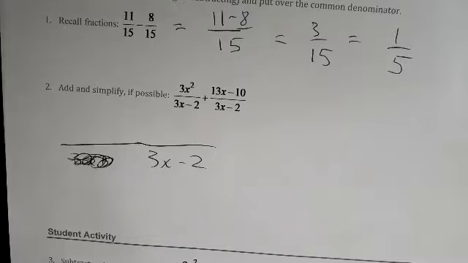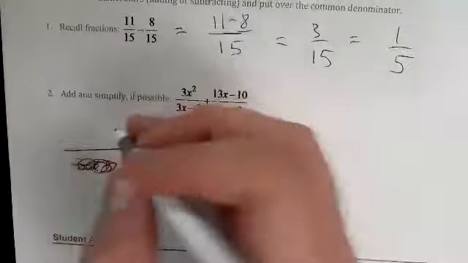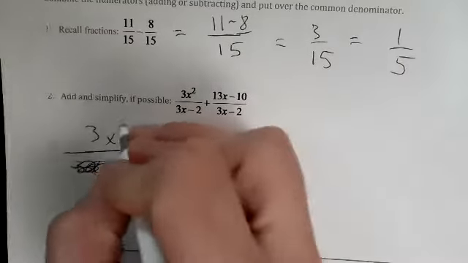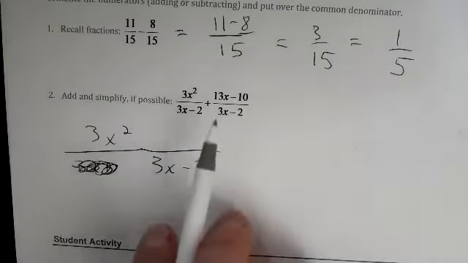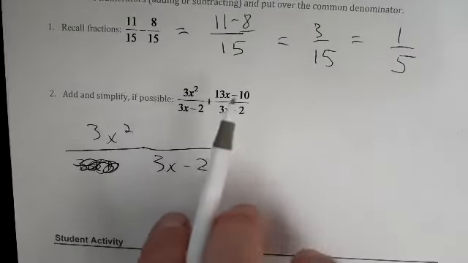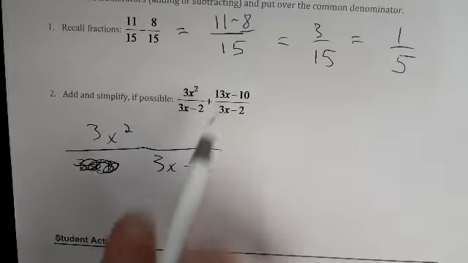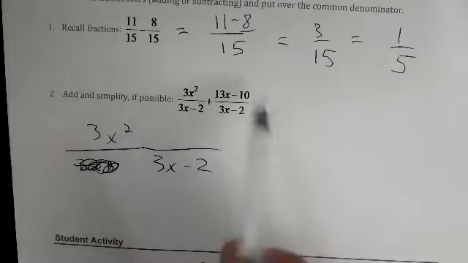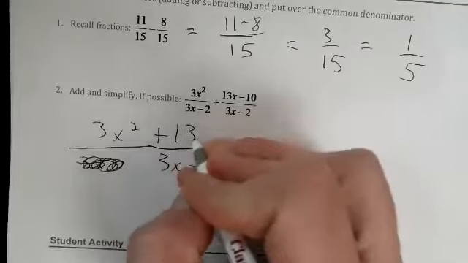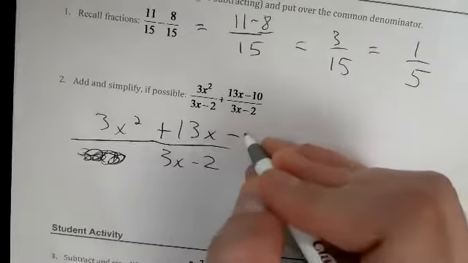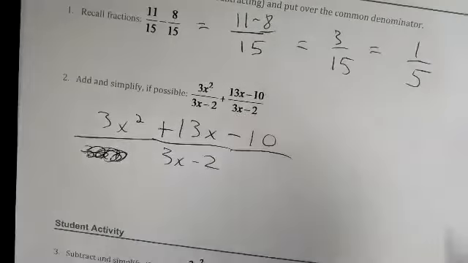And on top, I have 3x squared. If this was a subtraction sign, I would have to be really careful because there would be some distribution implied in here. I would have to distribute it to everything up top. But this is just an addition sign, so I'm just going to go plus 13x minus 10.